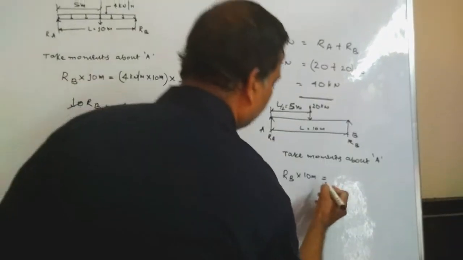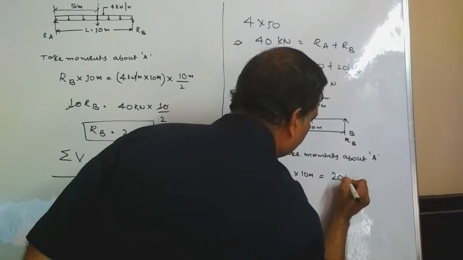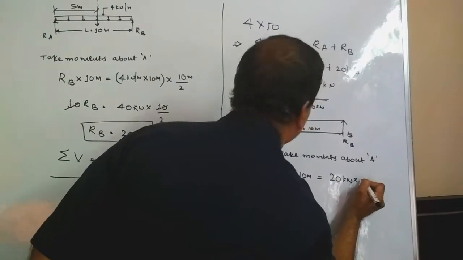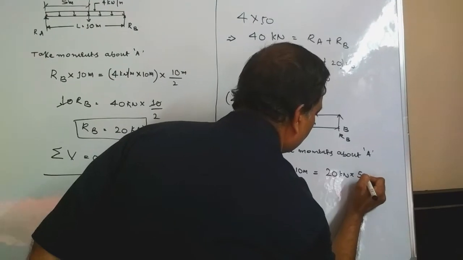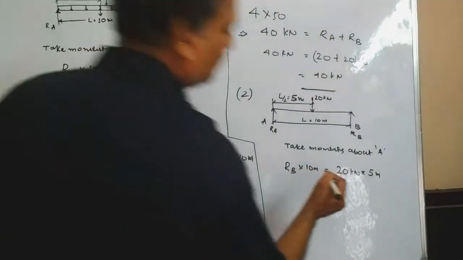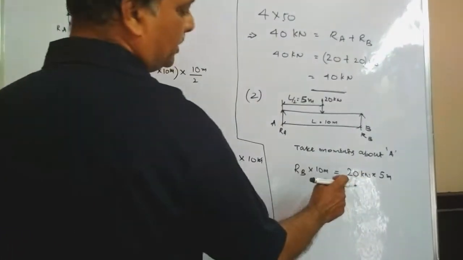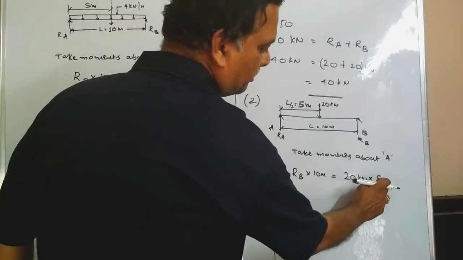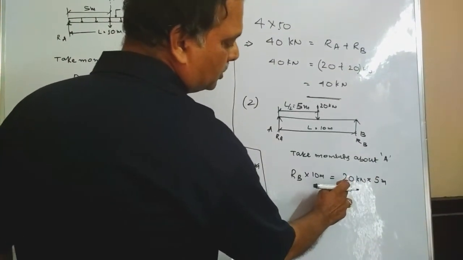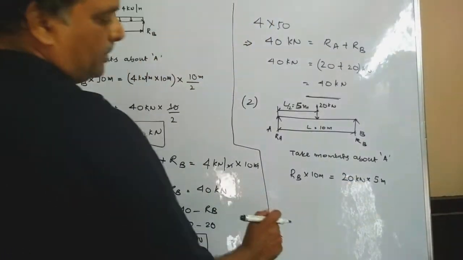So the force into perpendicular distance for the downward acting load is 20 kilonewton into 5. Always the moment has a dimension, represented by kilonewton meter. Here you can see this is the force into perpendicular distance and the units will be kilonewton meter.